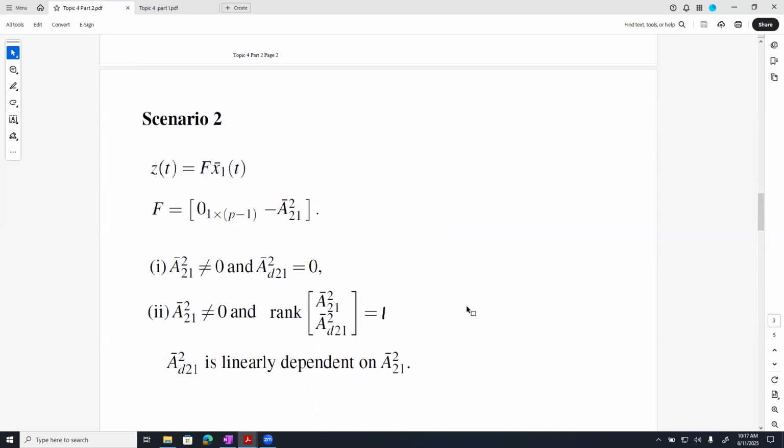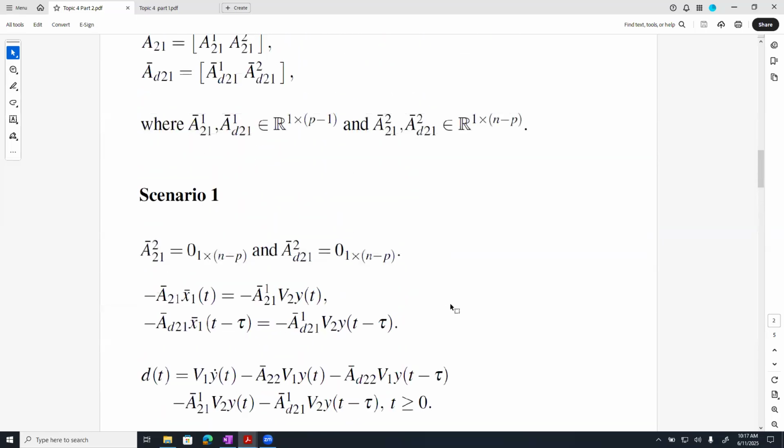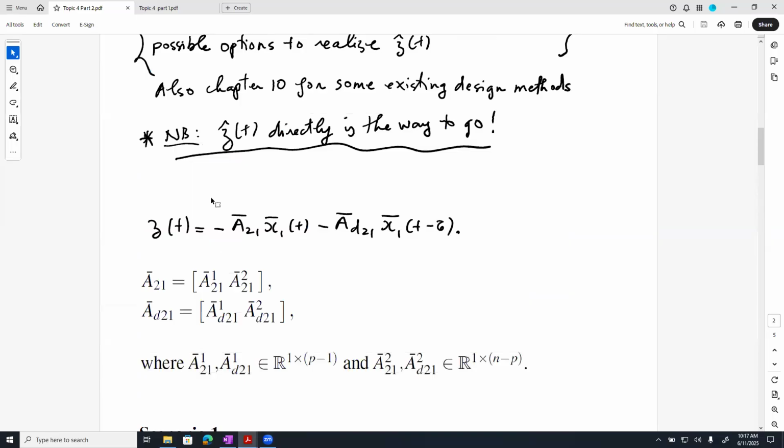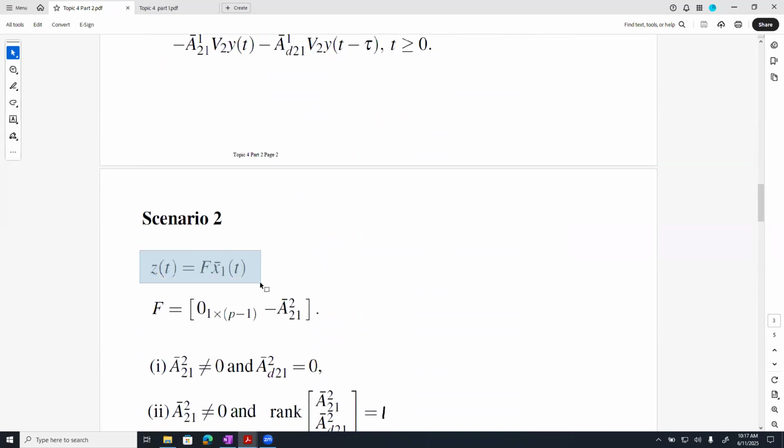So this is called scenario 2, where we again try to exploit the inside structure of matrices A bar 21 and A bar D21 to enable us to use existing functional observers, because the existing functional observer methods in the literature at that time were only able to estimate a linear function of the instantaneous state vector.